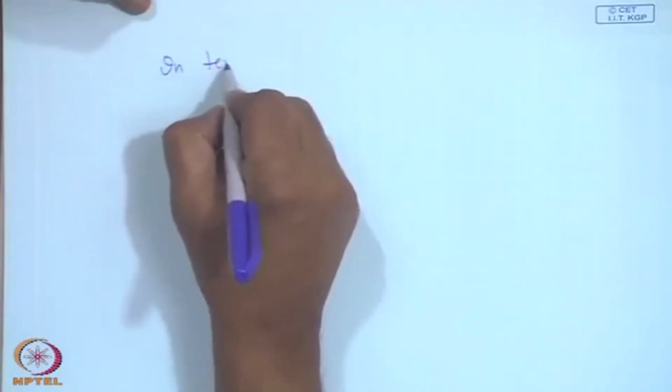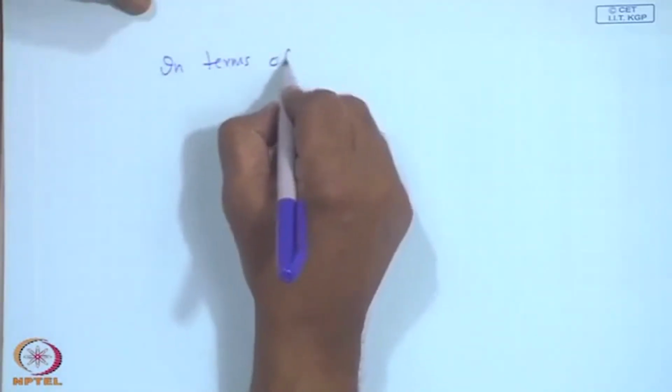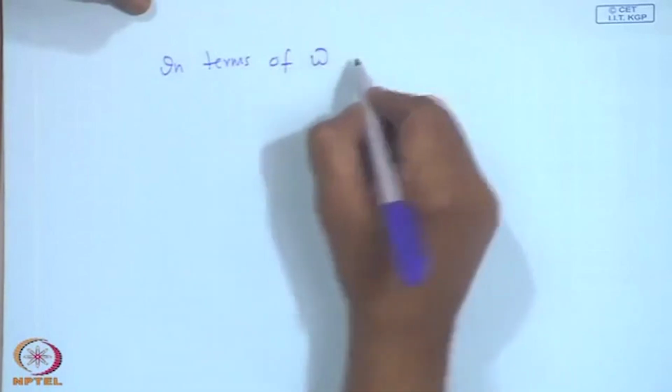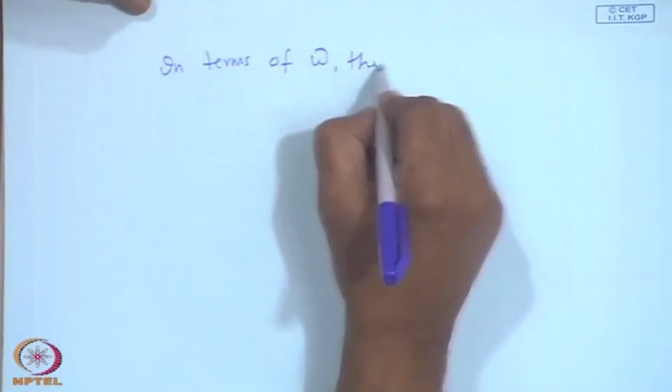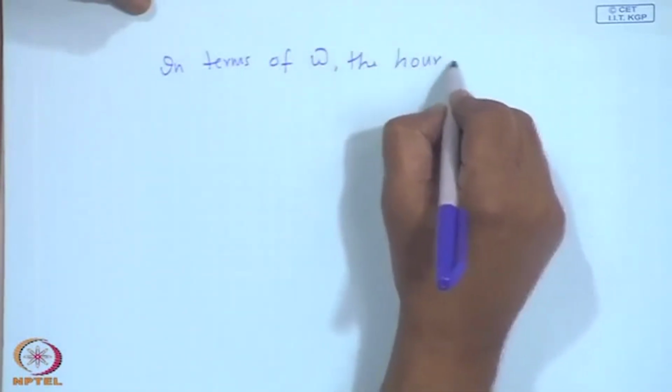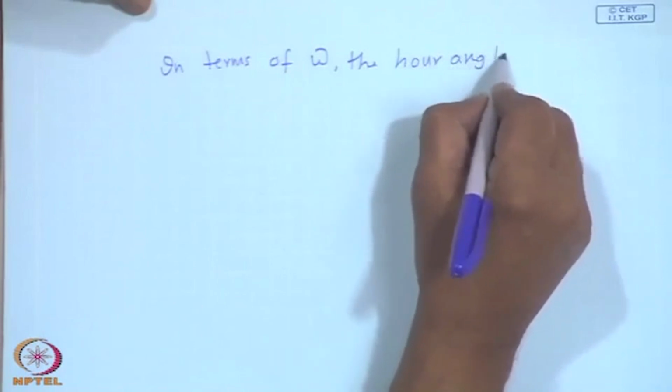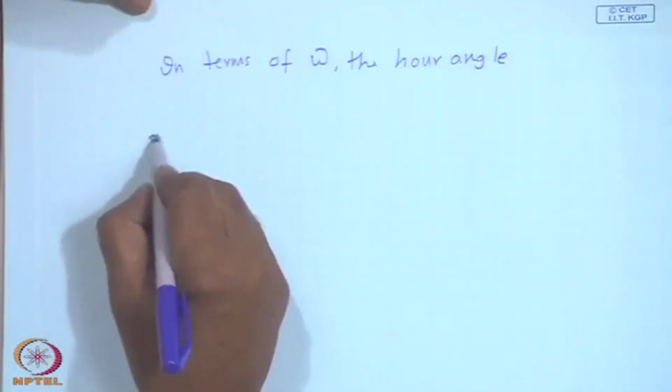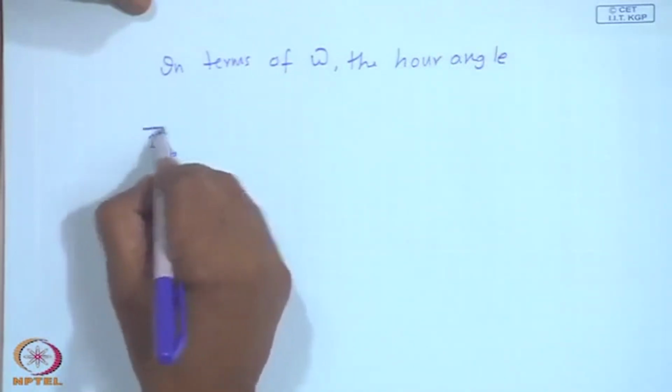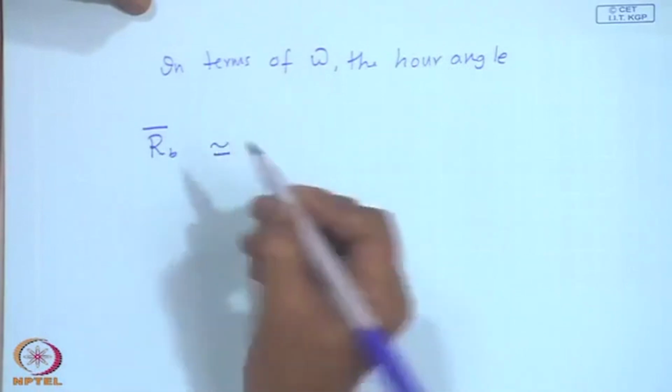So, converting in terms of omega, the hour angle, R B bar approximately.